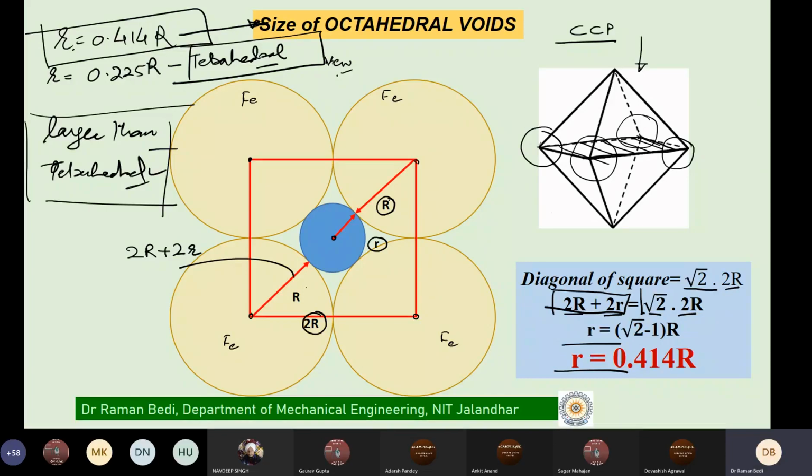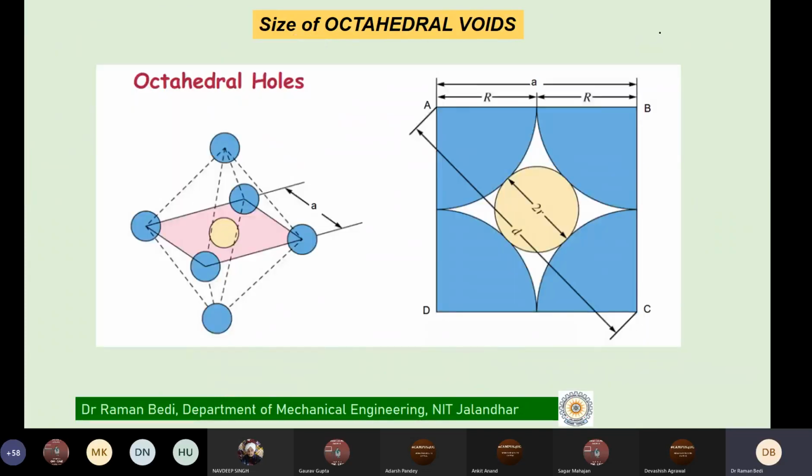Now the question is where these 4 atoms are, or where the plane which you are referring to is in a unit cell. So where is this plane in a CCP unit cell? That is what we are interested to know. So if I look at this again in a different figure, now I show the same plane, but in a more colorful manner, and we find that this smaller one has a radius of r.